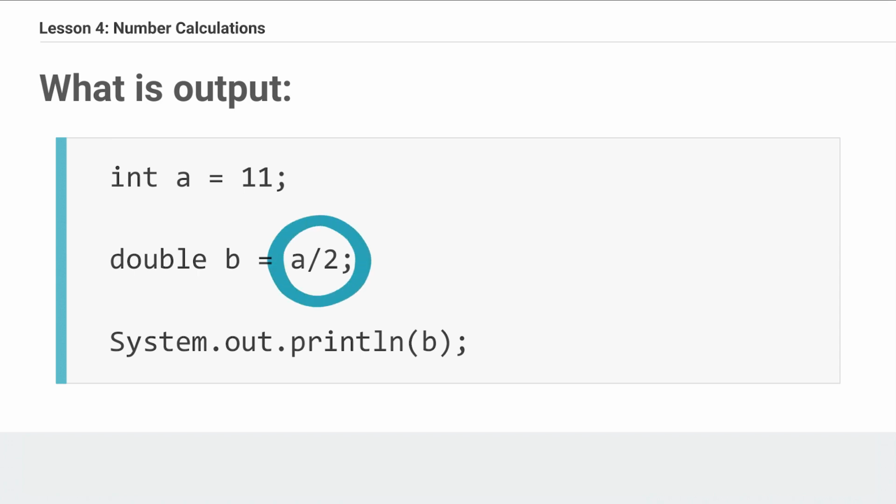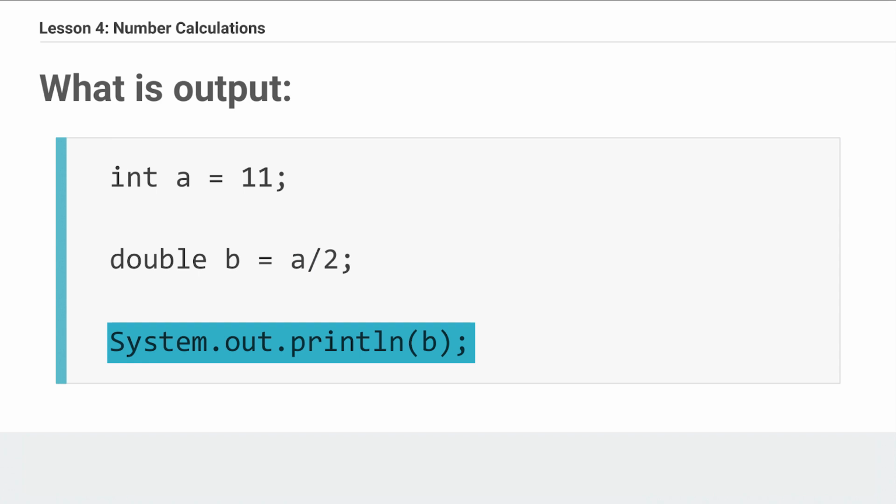So since it starts on this side of the equal sign, the very first thing it spots is an a, which again is a little tiny box in memory for an int, and it does 11 divided by 2, plugs in a 5, and then it assigns it over to the double b. So when I print, it'll print out a double value, but it gives me 5.0 instead of 5.5. So again, our fix with that is to add the 1.0 times right here in front of our a, so that the first thing Java hits is a double value.